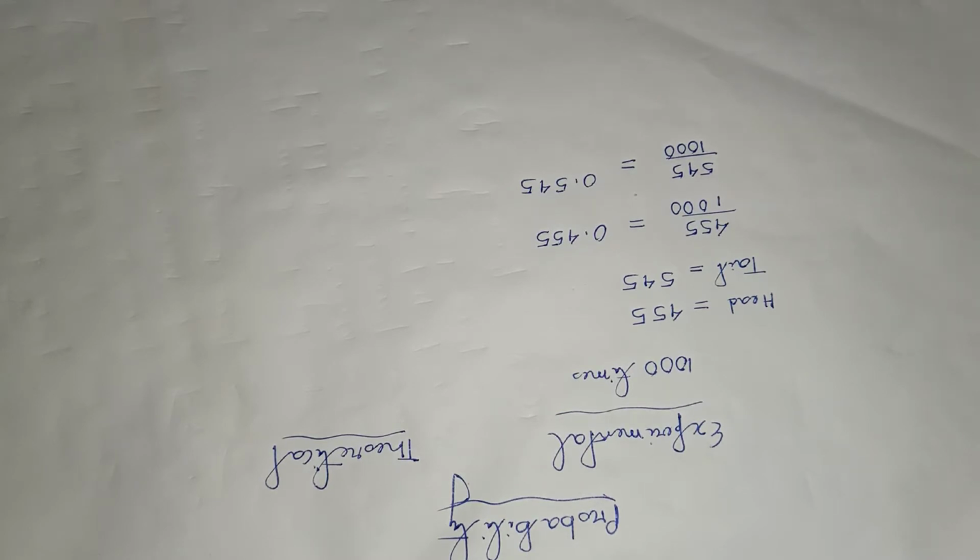Now, these probabilities are based on the results of an actual experiment of tossing a coin 1000 times. For this reason, they are called experimental or empirical probabilities.